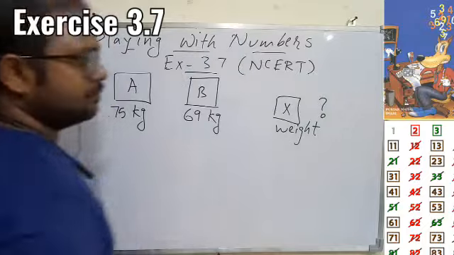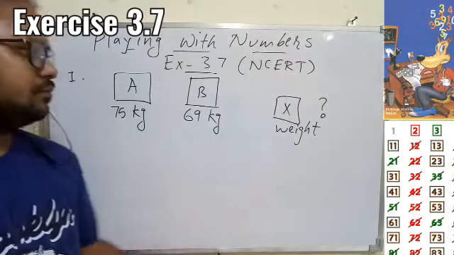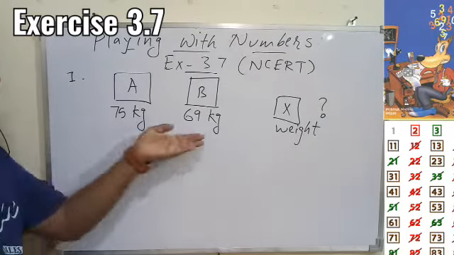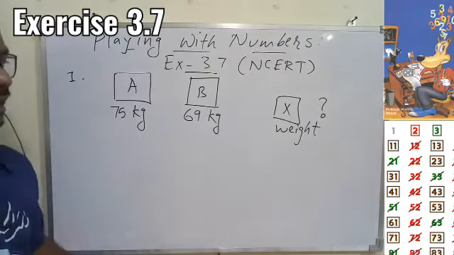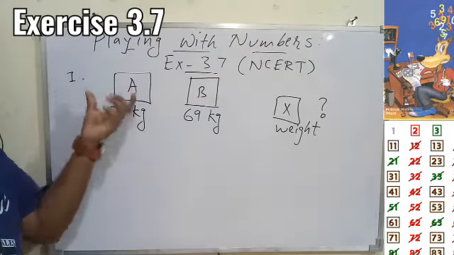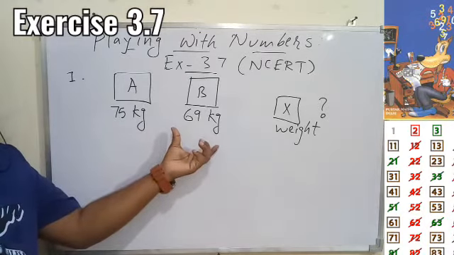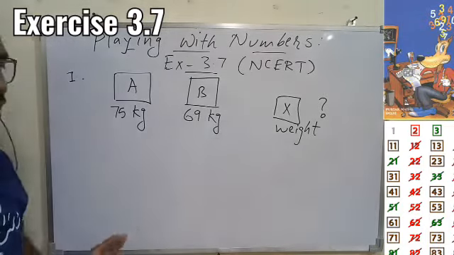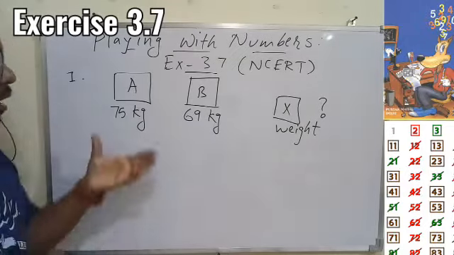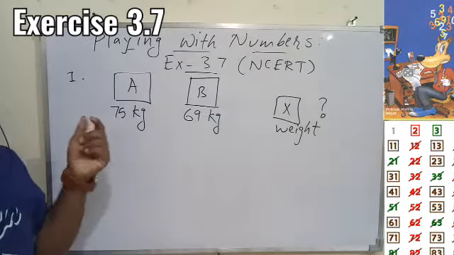This weight will be less than both 75 and 69, and that should help us measure the weight of 75 kg and the weight of 69 kg. Means overall we should have a common factor of both, and that common factor should be the maximum.